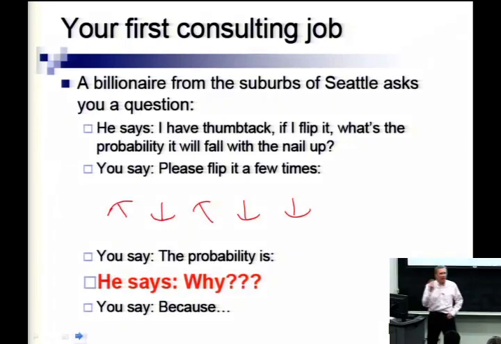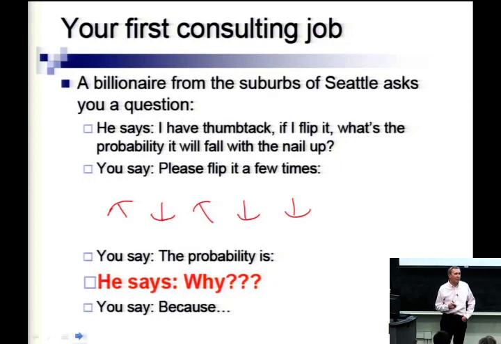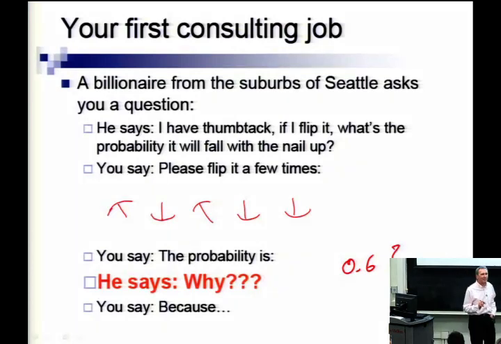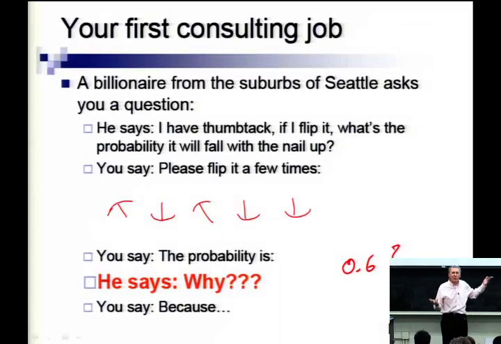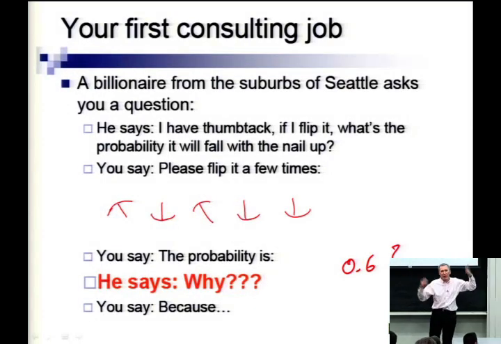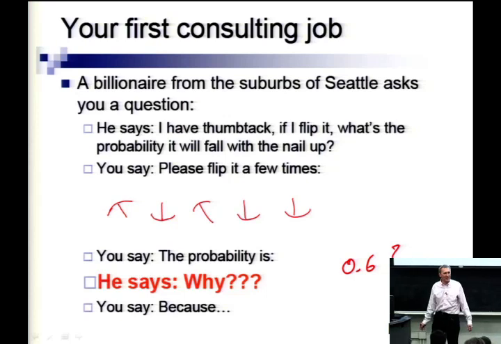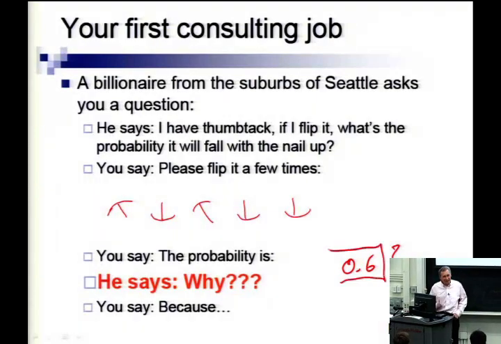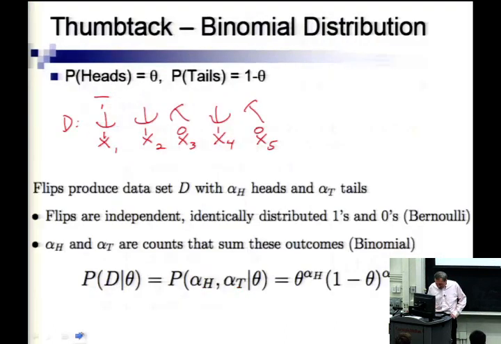So what's the probability to end up point up? Thank you. 0.6. So the consensus estimate here is 0.6. Why? Well, that's the frequency with which it's done point ups in the past. What else could we use? It turns out there are a couple things we could use to estimate this parameter, and let's look at that.